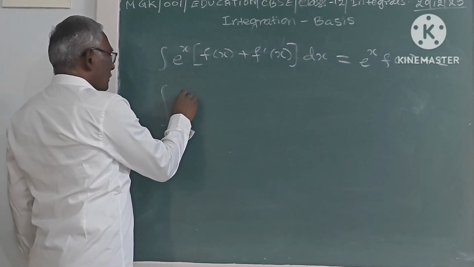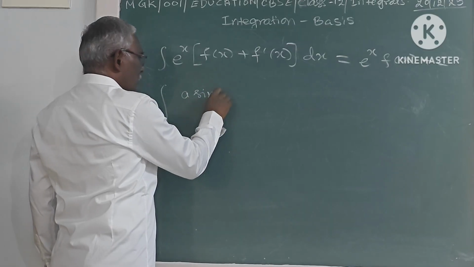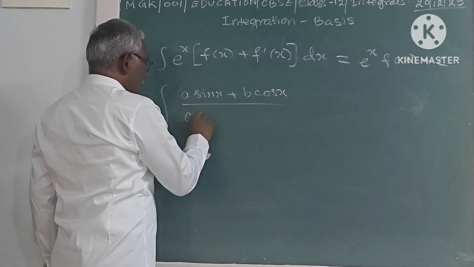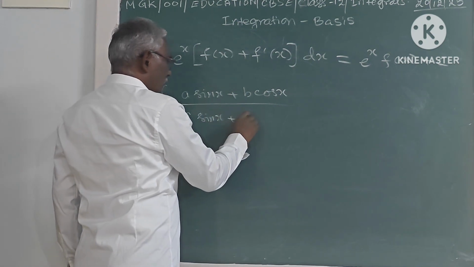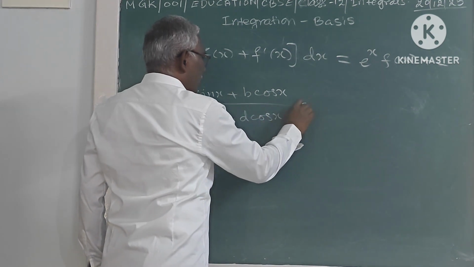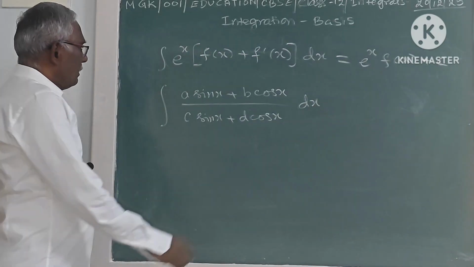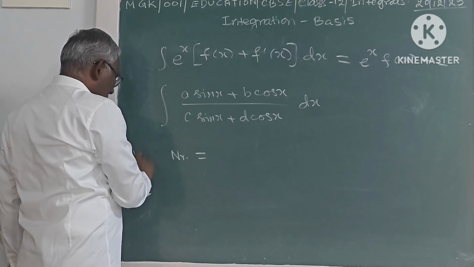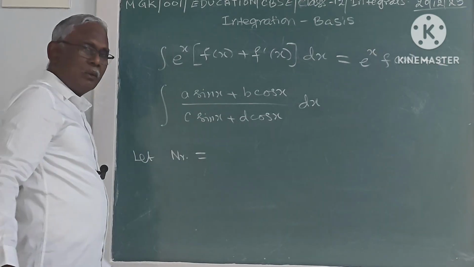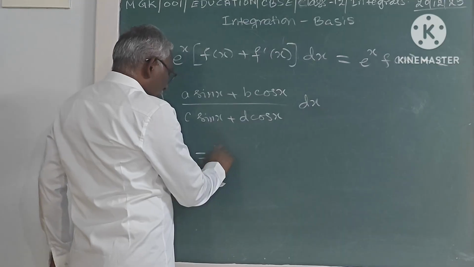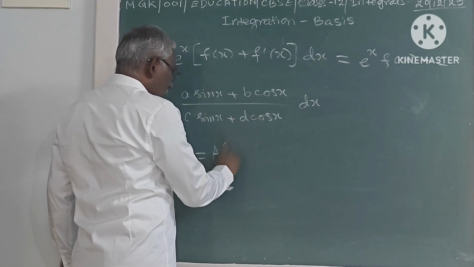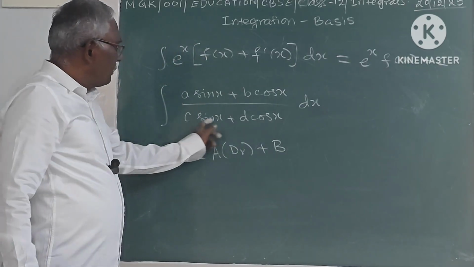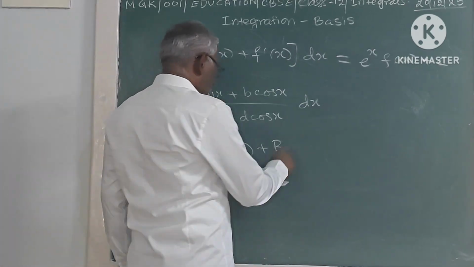Then integral of a sin x plus b cos x by c sin x plus d cos x dx. For this integration, let the numerator be equal to A times the denominator plus B times the differentiation of the denominator.